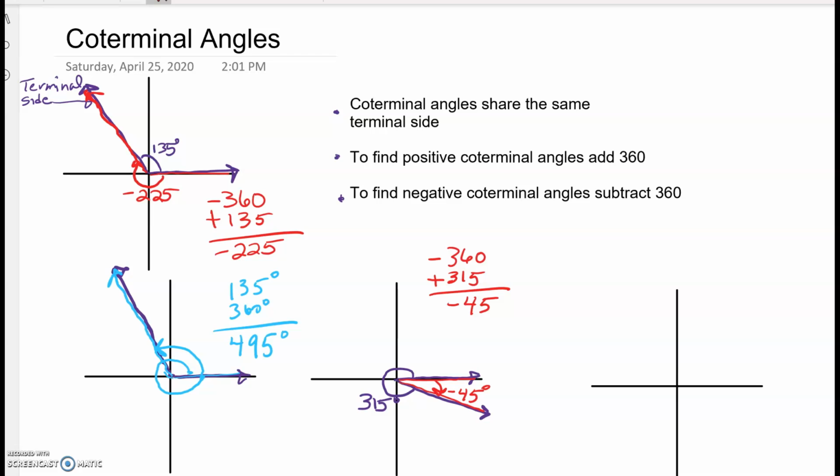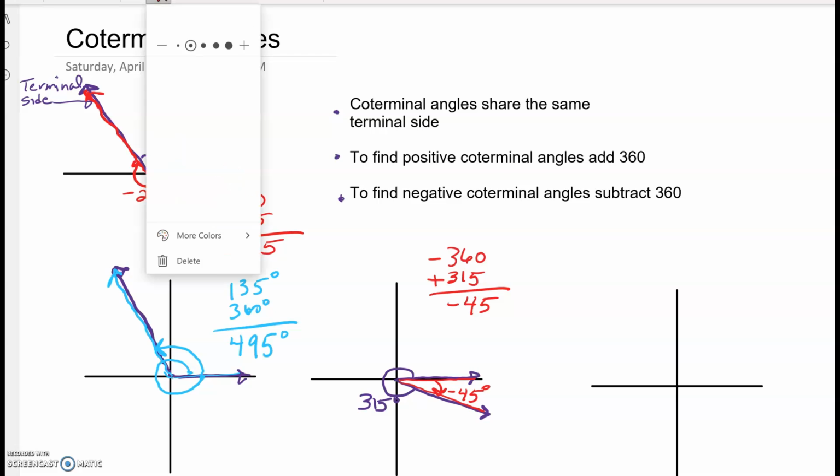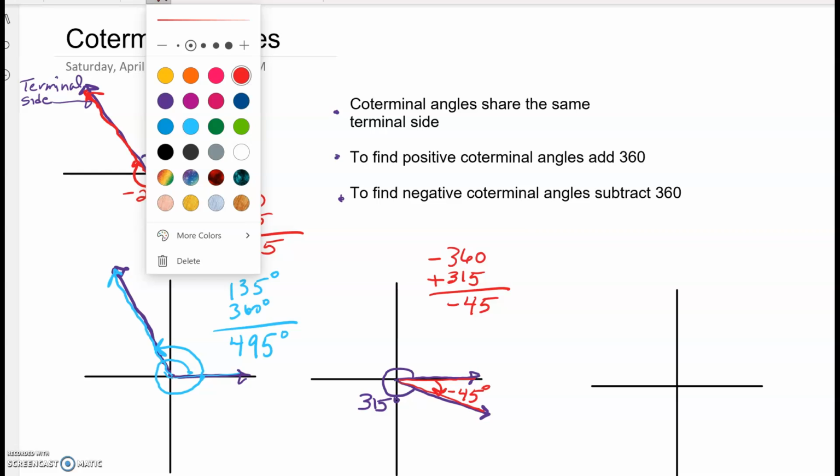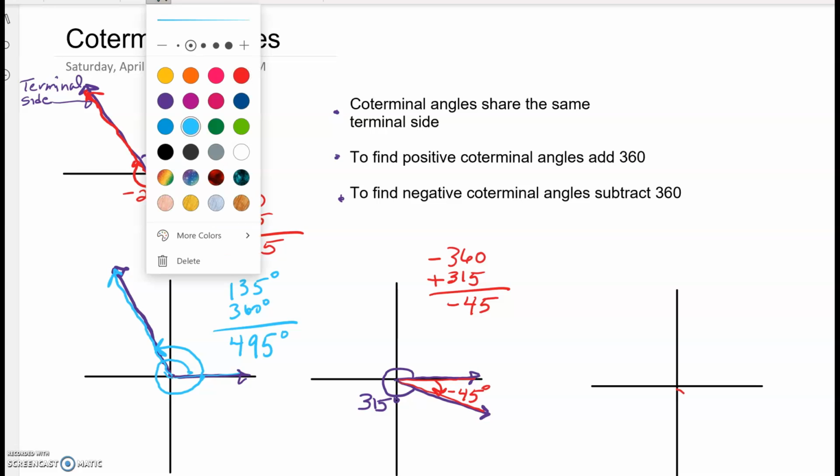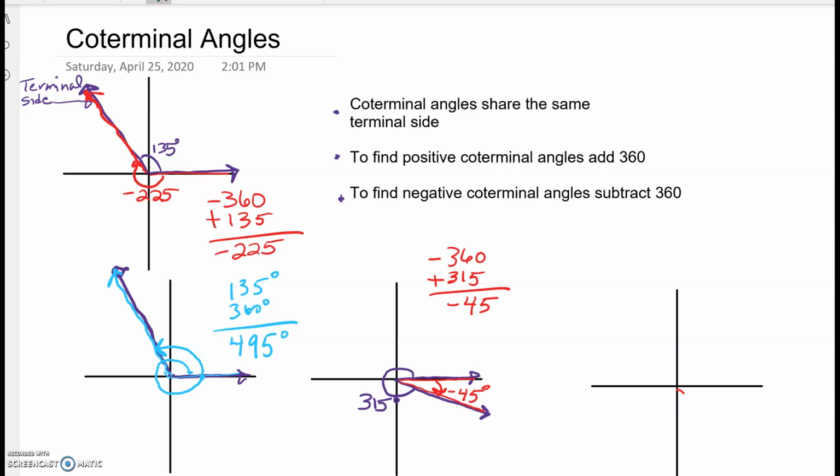Now, if I wanted to do a positive coterminal angle, here is my terminal side. This is my beginning side.